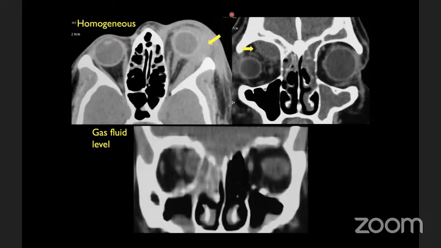You don't see any patchy densities, whereas in cases of subperiosteal abscess, the density is much more patchy, and that patchiness is because of the gas fluid level, as the causative organism can be anaerobic. So that is how you can appreciate the gas fluid level. Homogeneous versus a more patchy appearance of an abscess.